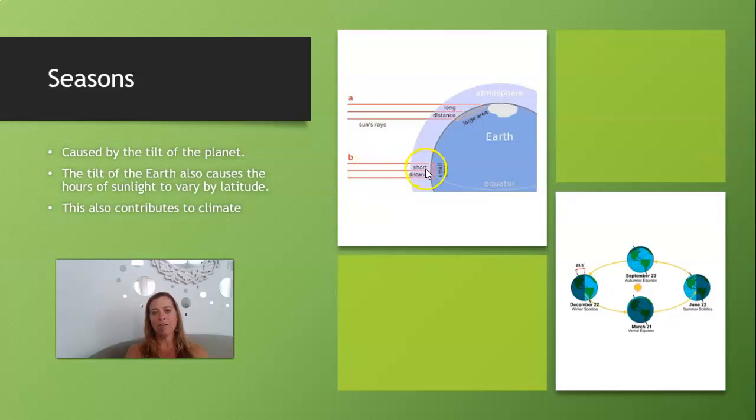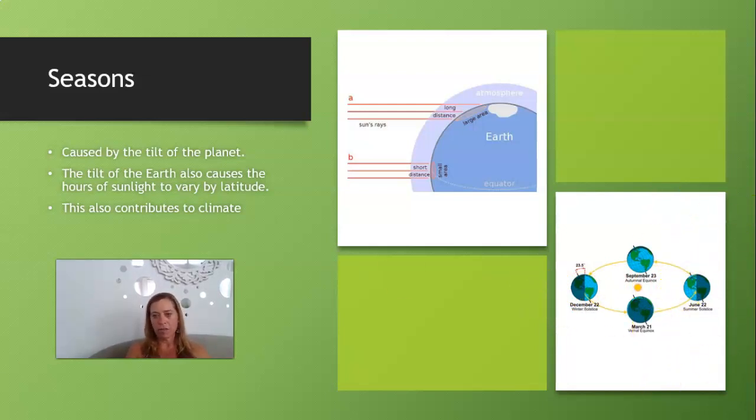You've got the same amount of photons that are hitting a smaller area, whereas the same amount of photons that are being emanated from the sun here are being spread across a larger area due to this curve of the surface of the Earth. Similarly, you're going to have variations in the degree of contact with the Earth because the Earth is tilted about 23.5 degrees, and it's tilted sometimes away from the sun and sometimes towards the sun.